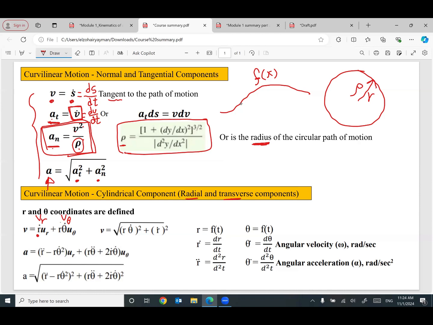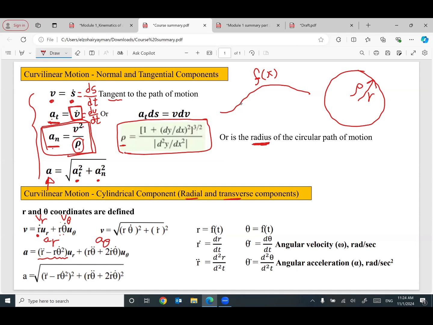For the transverse component, we will have a value called R theta dot. For the acceleration, we will have two components, the radial component and the transverse component, ER and E theta: R double dot minus R theta dot square, and R theta double dot plus 2R dot theta dot.